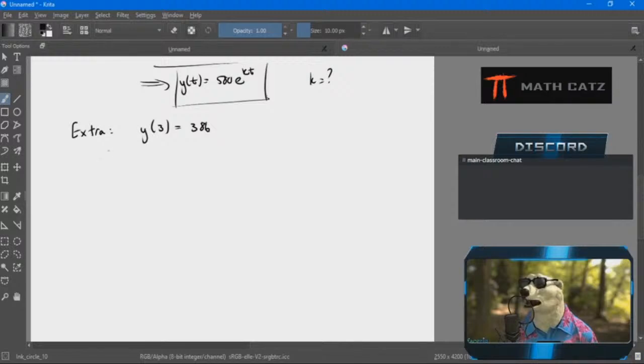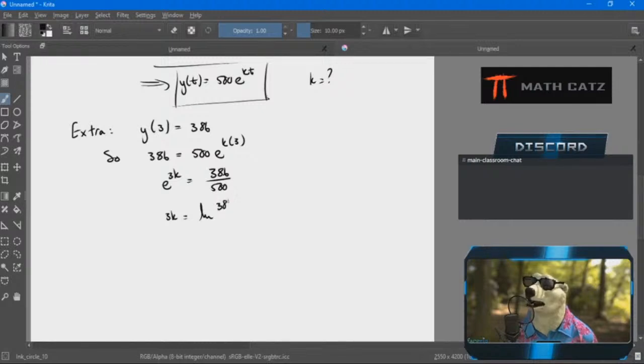I can use that and say 386 has to equal 500 e to the k times 3. So e to the 3k is 386 over 500. 3k is therefore the natural log of that, and so k is a third of log 386 over 500.